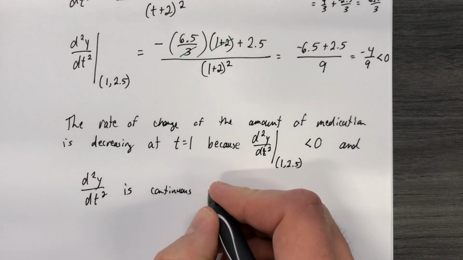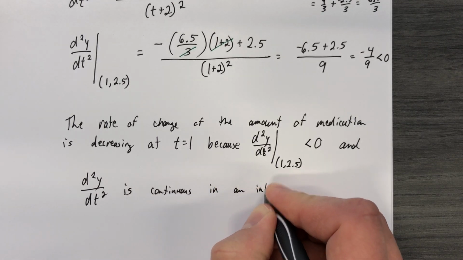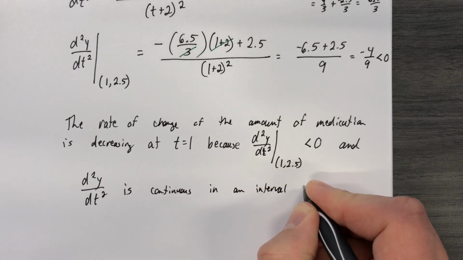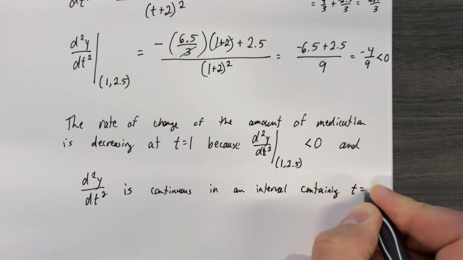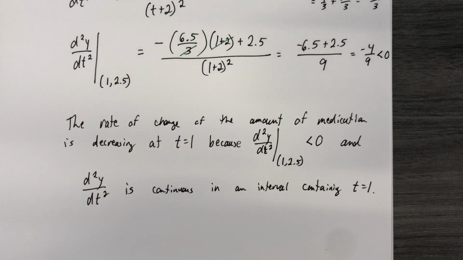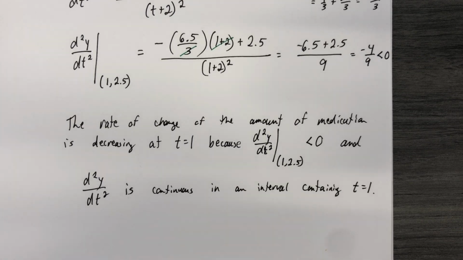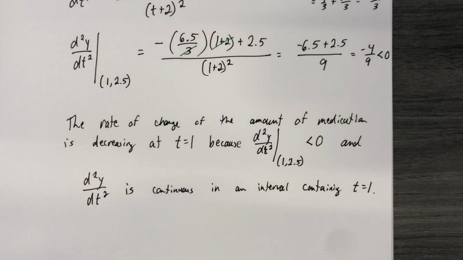So it is continuous in an interval containing t equals 1. And we talk about the fact that it's continuous in an interval because if I'm really going to be talking about something decreasing, I really need to be saying, look at this general area, and that's where that comes from. All right, let's score what we have.